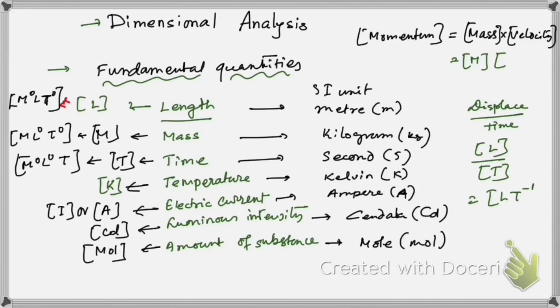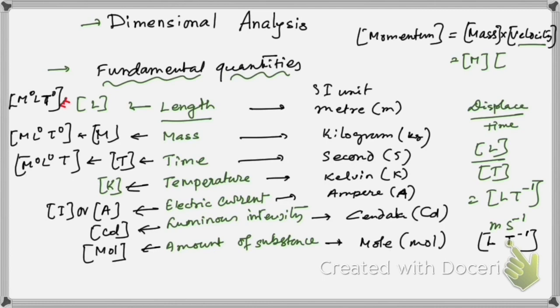You can also find the dimensional formula of velocity from the SI unit, because the SI unit of velocity is meter per second. Meter is the unit of length, and s, second, is the unit of time. Second inverse is there, so here T inverse. That's how we can obtain the dimensional formula.